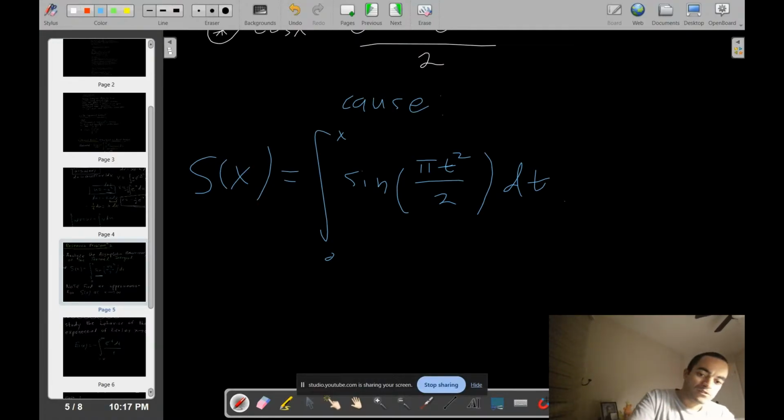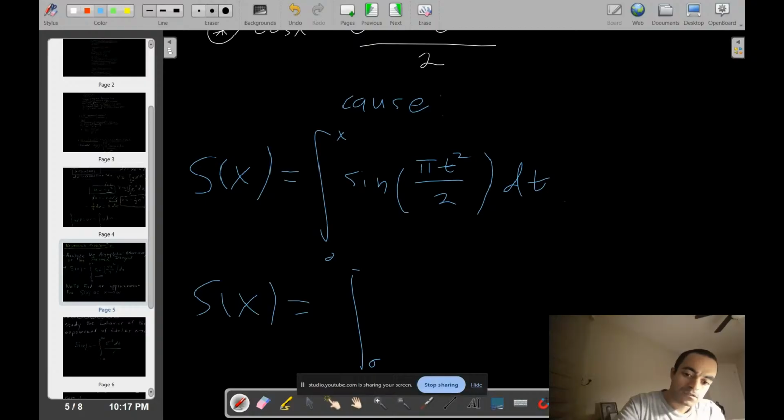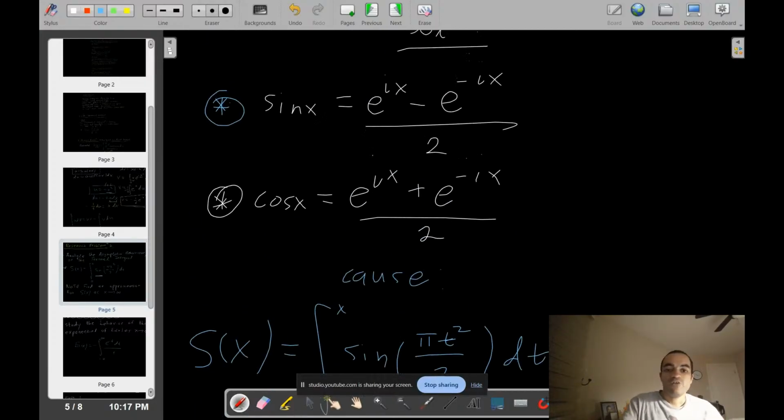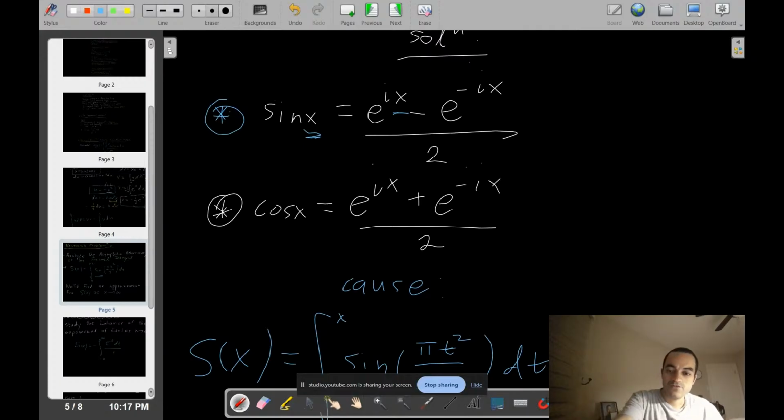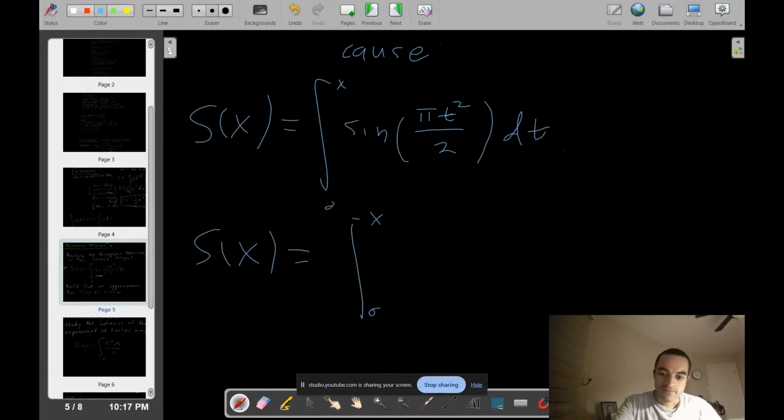So capital S of x, S as a function of x, is equal to the integral from 0 to x of sine of pi t squared over 2. Now just replace all x's with pi t squared over 2, right? You're inputting a variable into the function.